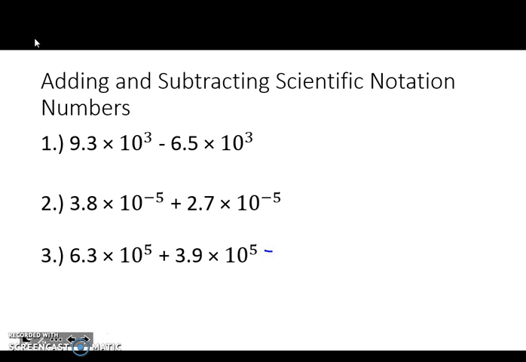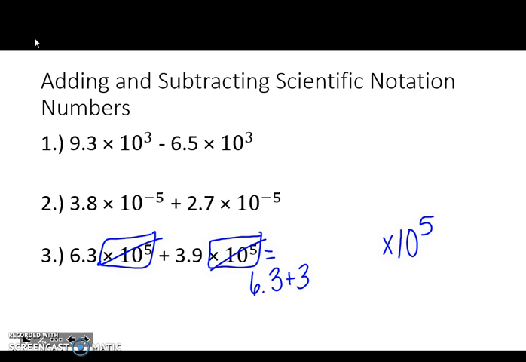Okay, so same process. So these are the same, so I can go ahead and add them and bring them into my final answer. So I have 6.3 plus 3.9, and I get 10.2.